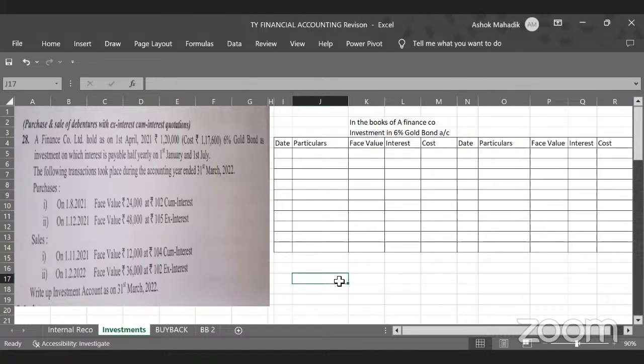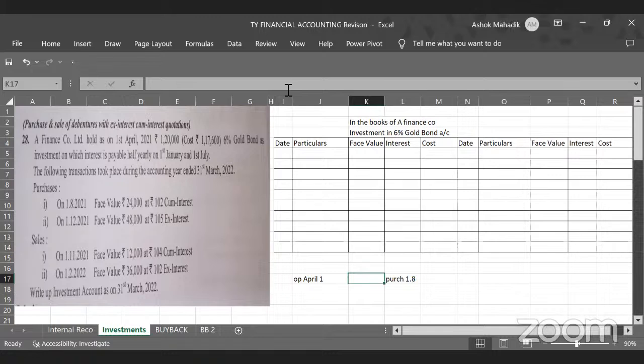So we can make a timeline if you want, like first opening on April. Then purchase is there on 1st August. Before that July will come, so interest will come here.